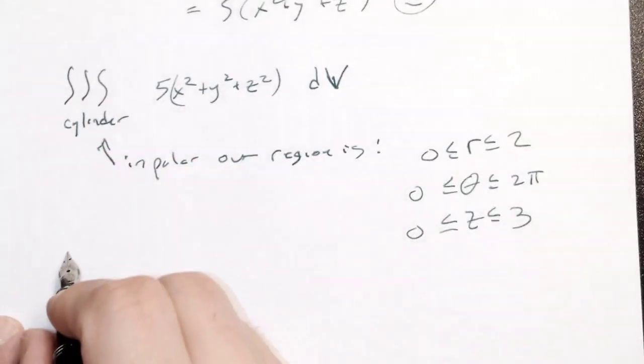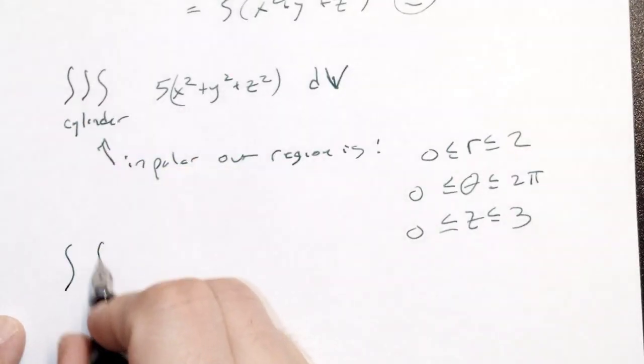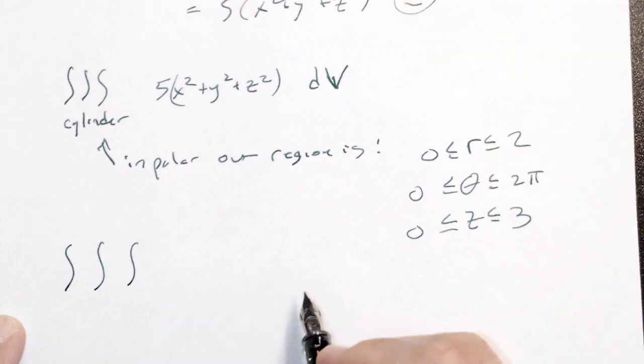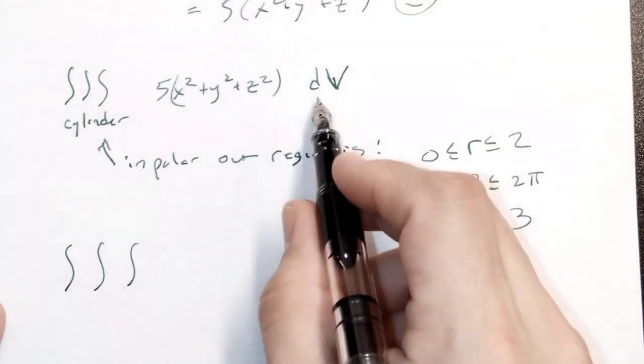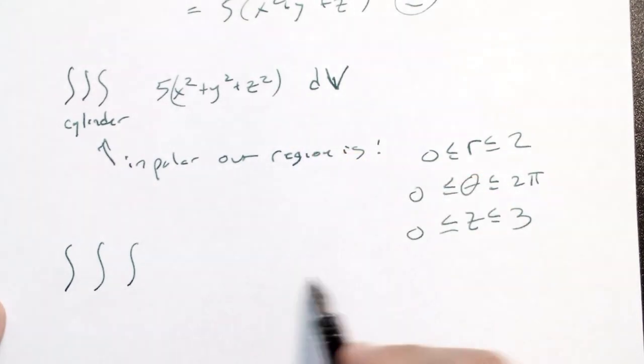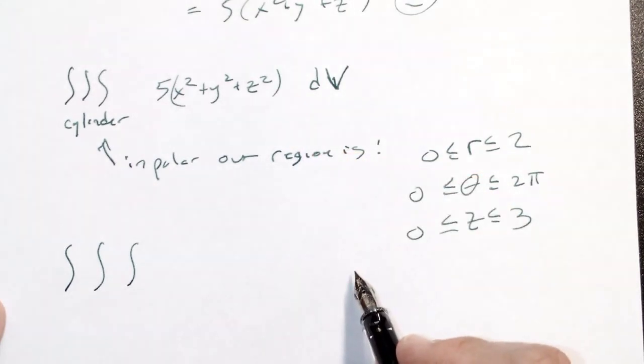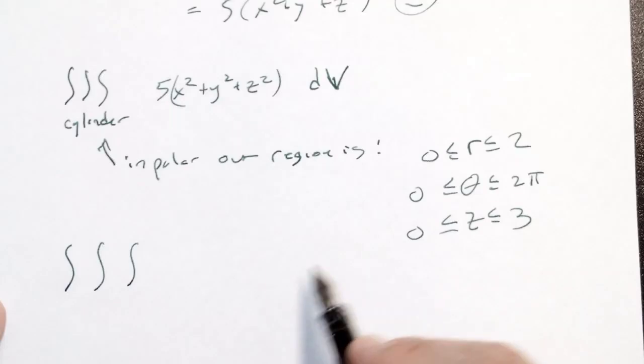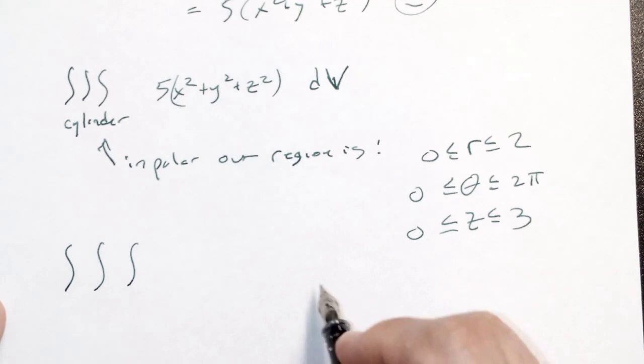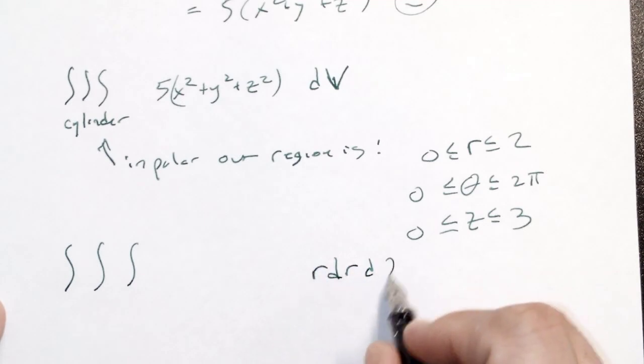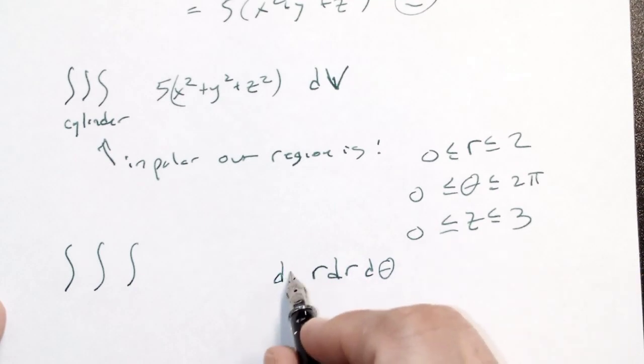So in order for me to set this up, let's see, it's dV. What's the dV part? What order do I put those in? dr, d theta, and dz.